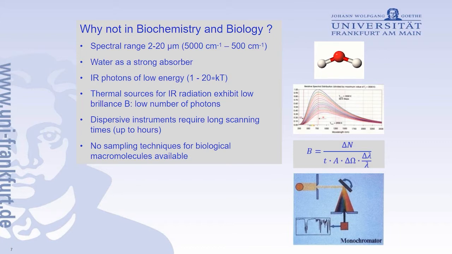We keep in mind that we have photons in the infrared of very low energy, just about around the thermal energy kT. And the problem is thermal sources, so basically heated rods, glow bars, and so on, have a low brilliance, so the inherent problem of IR spectroscopy was always that the number of photons was very low.